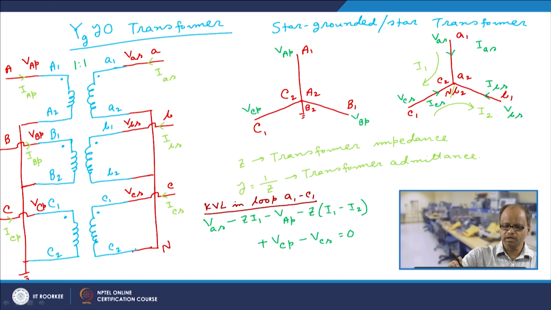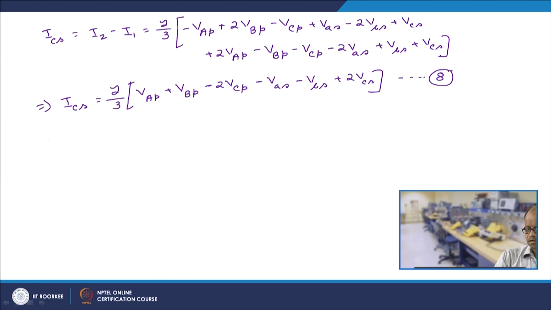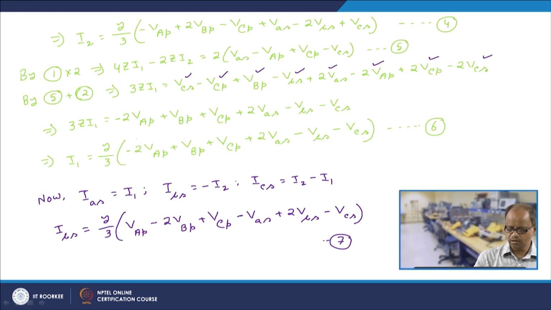So, I can say that at the primary side IAP is equal to minus IAS, IBP is equal to minus IBS, ICP is equal to minus ICS. So, IAP is nothing but minus IAS, and IAS is equal to I1, so it is equal to minus I1.